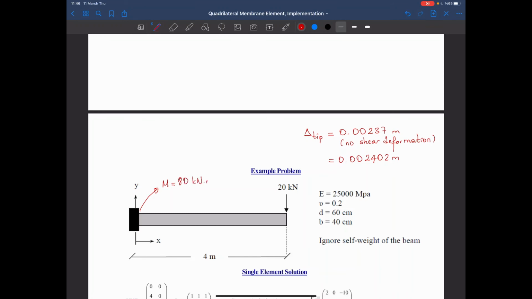kilonewton meters, and of course the shear force will be equal to 20 kilonewtons.